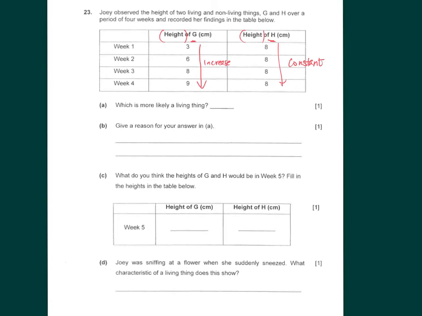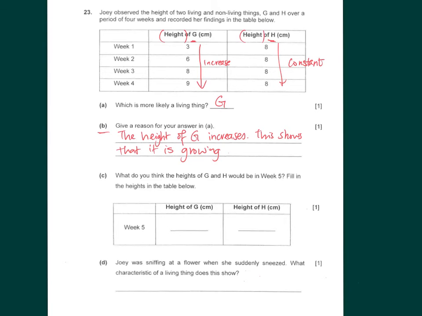So obviously G is the living thing, because the height of G increases. This shows that it is growing.